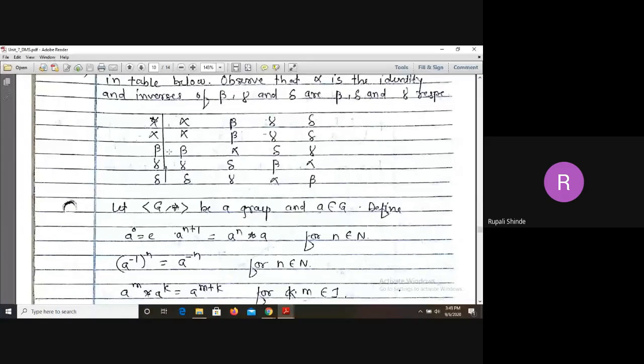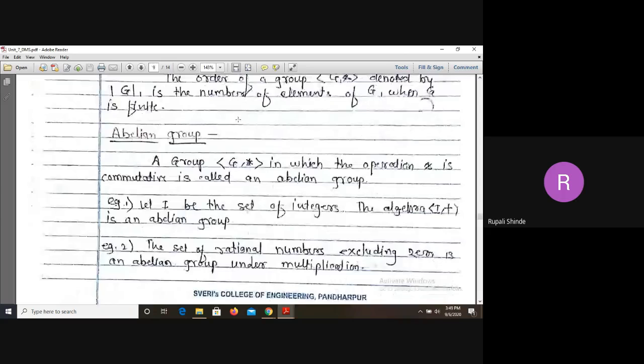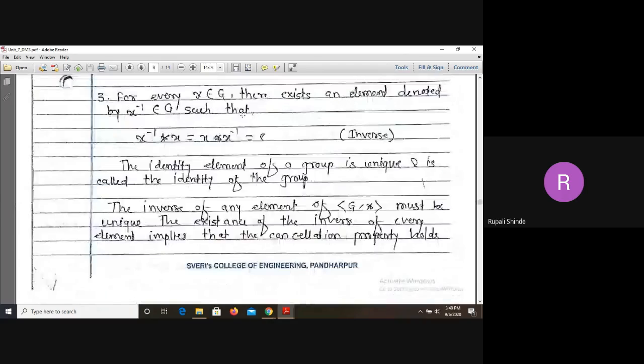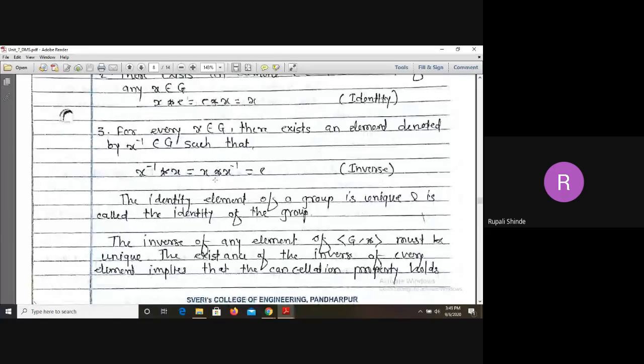So in this row, that is the row for beta, we have written an identity element alpha here. And this alpha is given by that element beta. That's why the inverse of beta is beta. So here in the inverse property, we have seen how to find the inverse for any element.